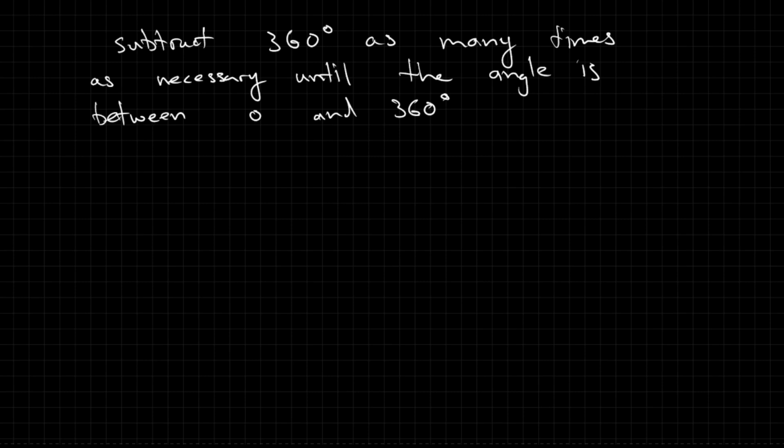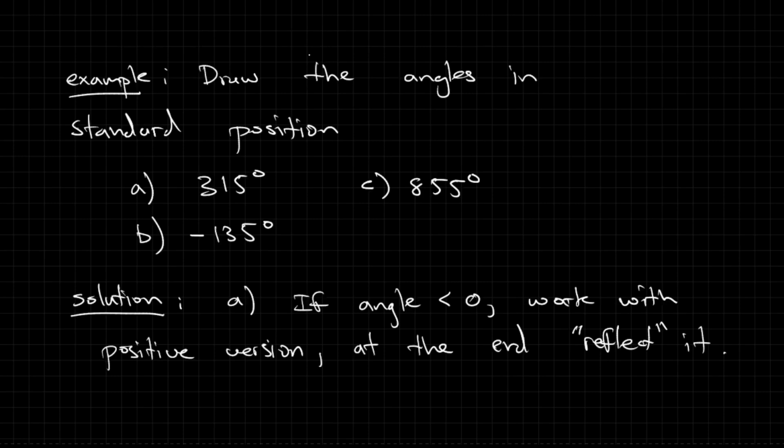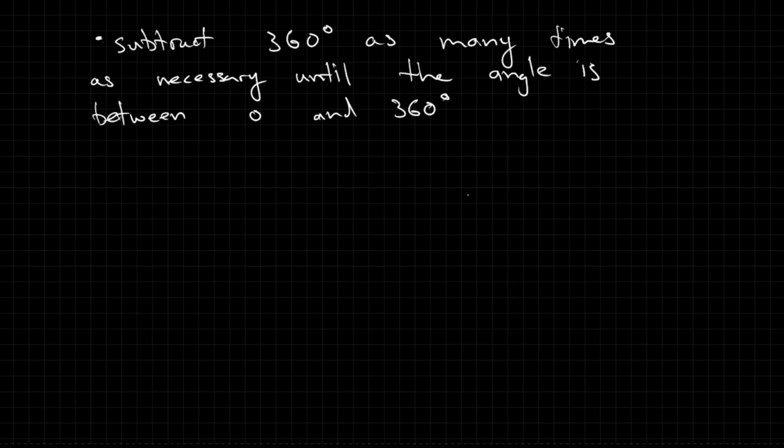Of course, we don't have to do this step on this problem because 315 degrees is already between 0 and 360 degrees. Do make sure, if you have to do this step, that you write down how many times you had to subtract 360 degrees.